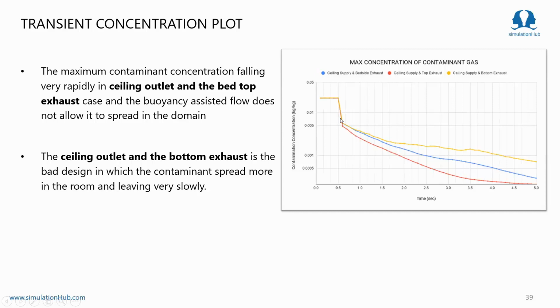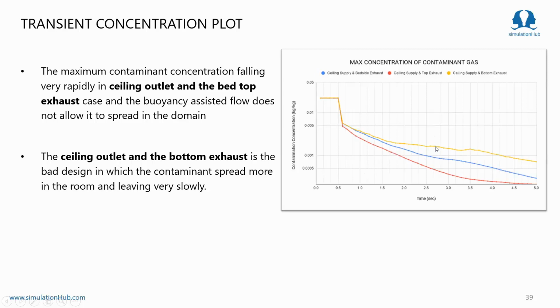After that it starts decreasing, and depending on the flow patterns, each design has its different behavior. From this graph, we can infer that ceiling supply and top exhaust is performing very well, because near the exhaust, all currents are in the upward direction. So the contaminant is leaving the room without spreading.